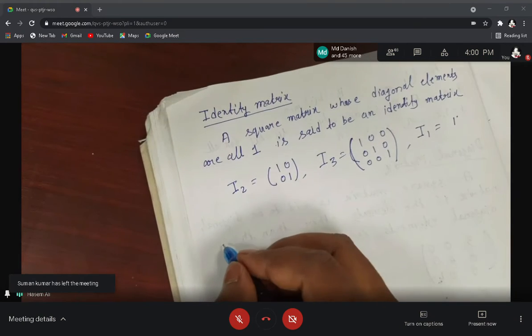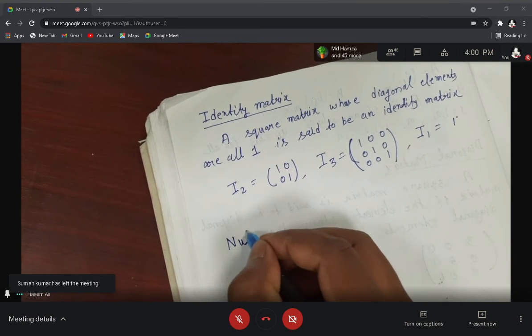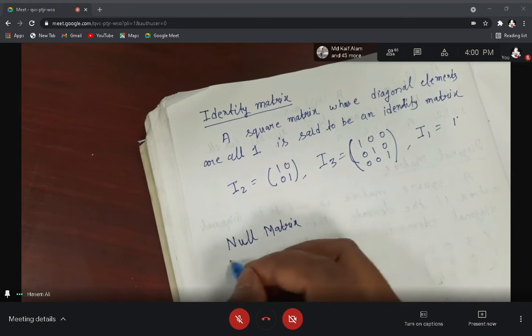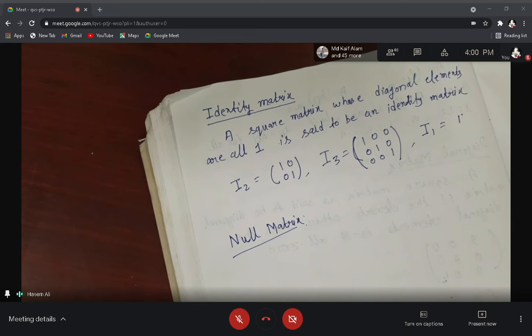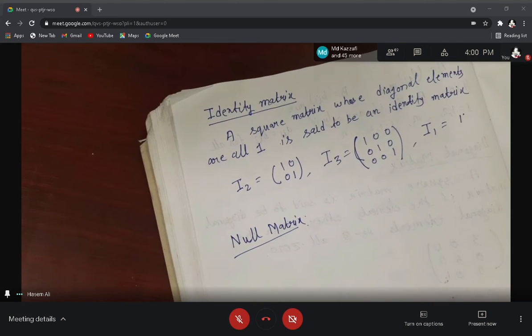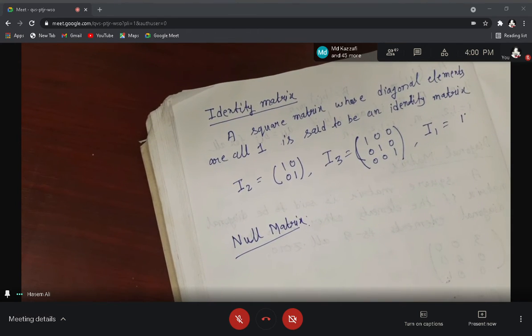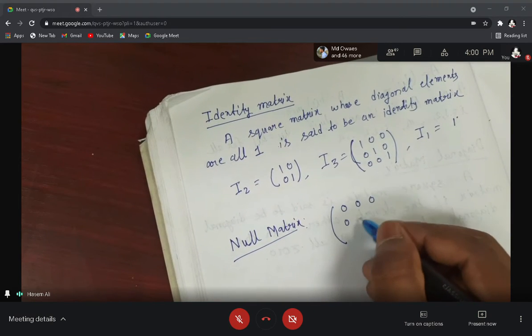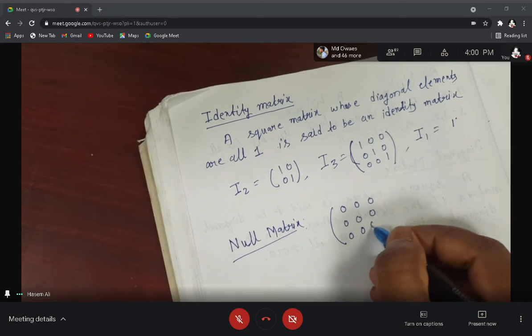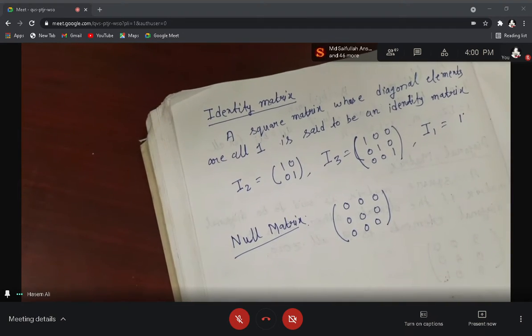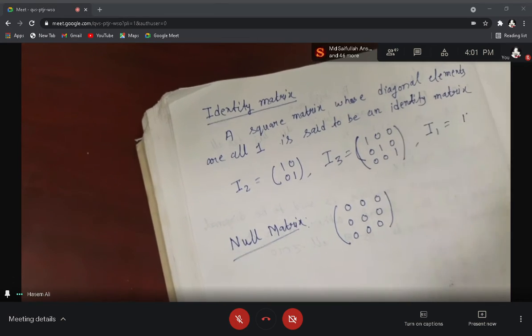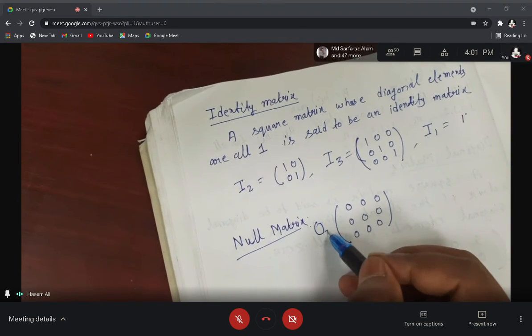And the null matrix: if all the elements are 0, then the matrix is called a null matrix. This is denoted by O3.